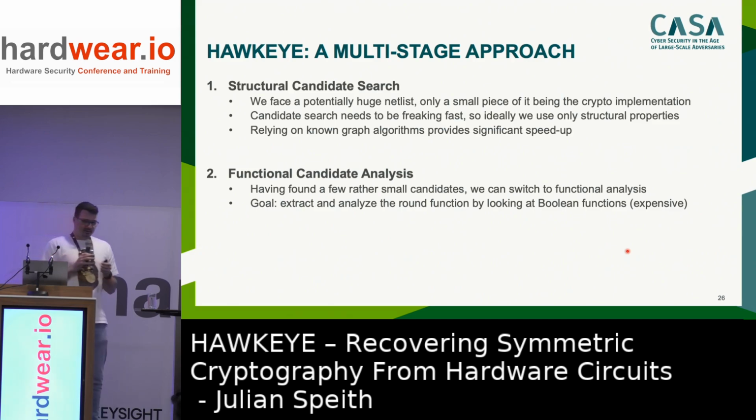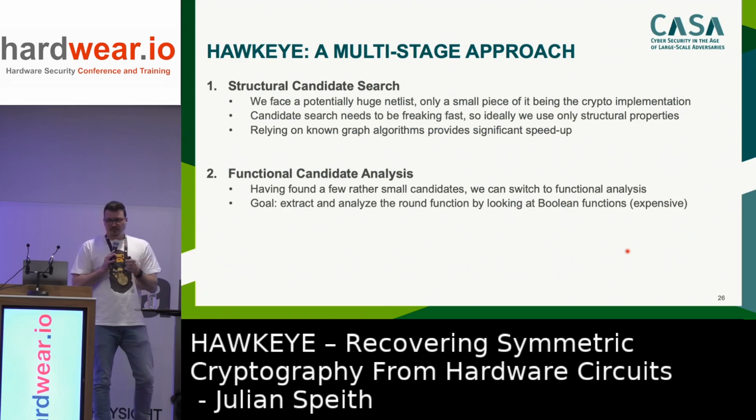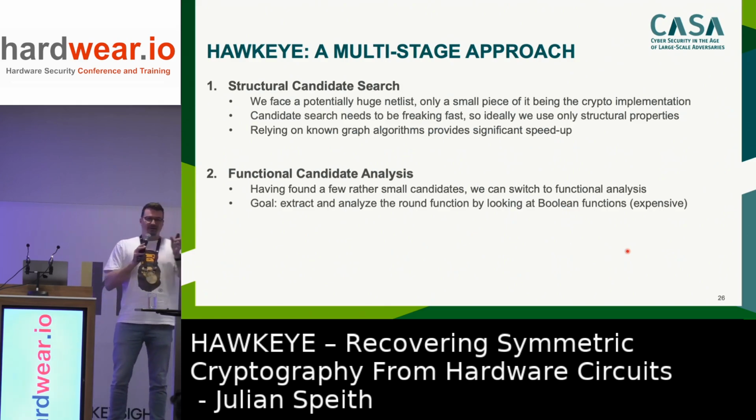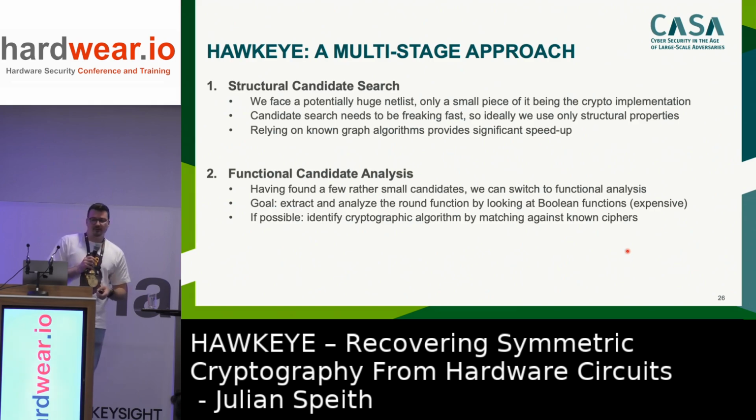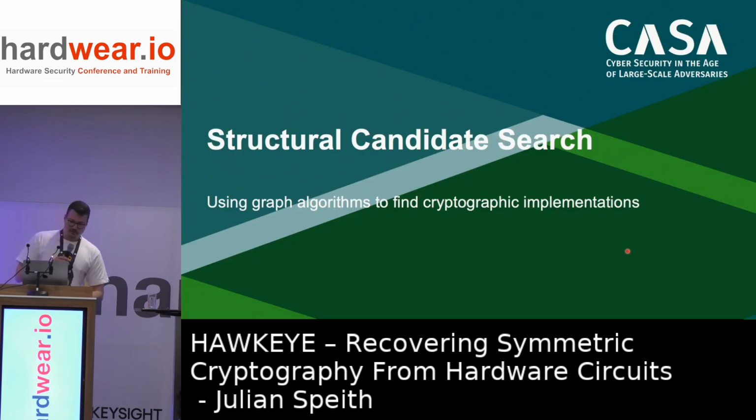And ideally, once we have the state registers identified with the candidate search, we can just cut out the round function in between the registers. We can start analyzing automatically, and if it features S-boxes, not all ciphers do, but if there are S-boxes in there, we can cut them out automatically and then analyze them even further.